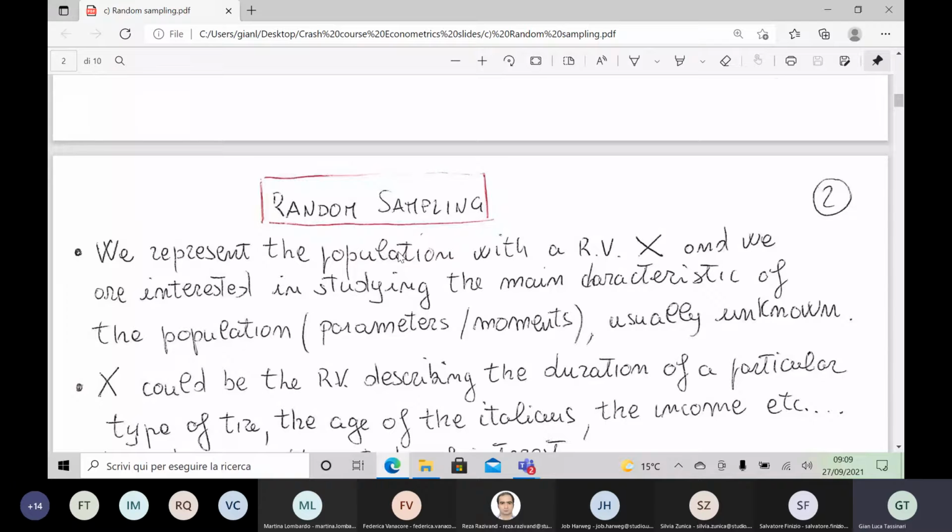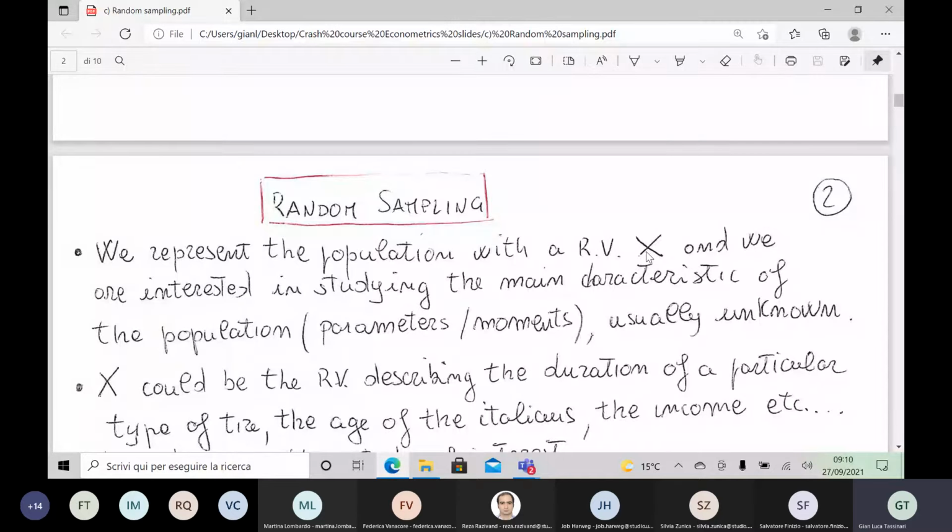So it is a random variable that assumes a different number according to the specific Italian you consider. To simplify, we say that we represent the population through the variable X.